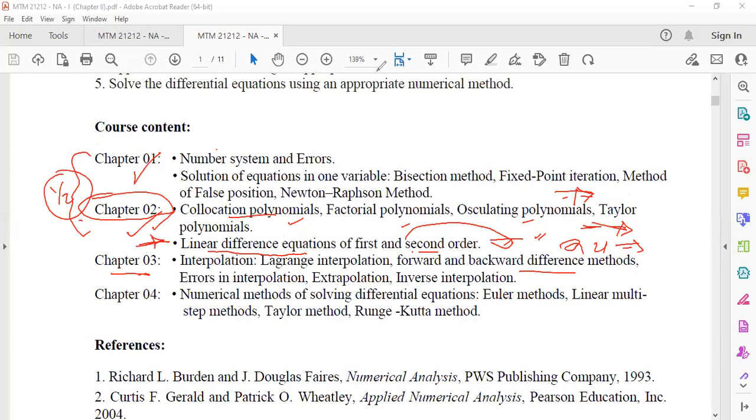Anyway, I would like to start today's lecture with chapter number 3. We can also talk about the left-out difference equation things. So the chapter is linear difference equations.